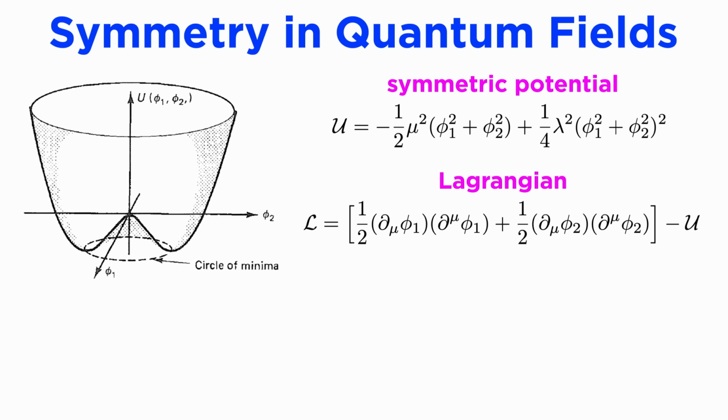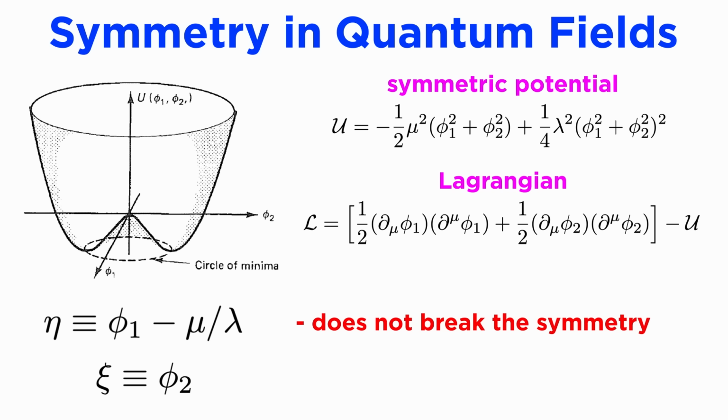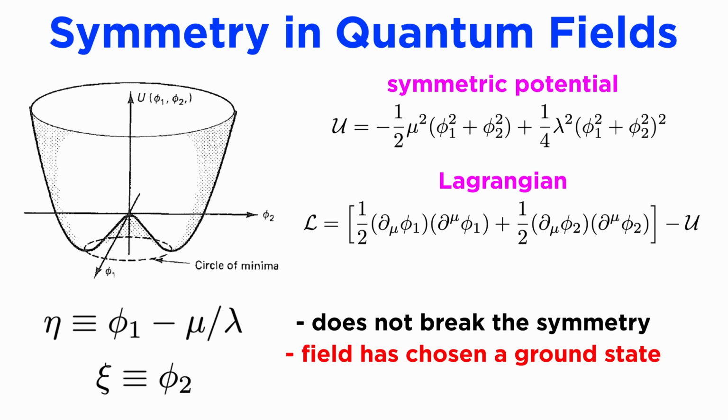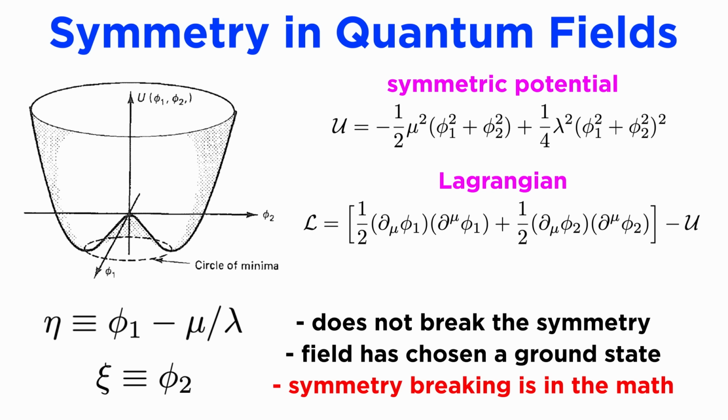This has a corresponding Lagrangian shown here, where the part in the brackets is kinetic energy. Let us now define new fields. Eta, which is defined as phi1 minus mu over lambda, and xi, which is defined as phi2. This redefinition doesn't break the symmetry itself, but it reflects the fact that the field has chosen a specific vacuum or ground state, making the symmetry breaking manifest in the math.